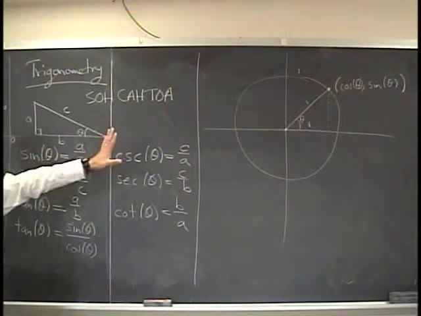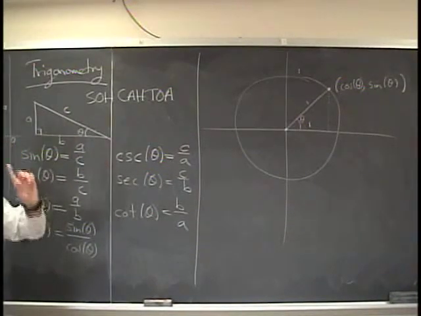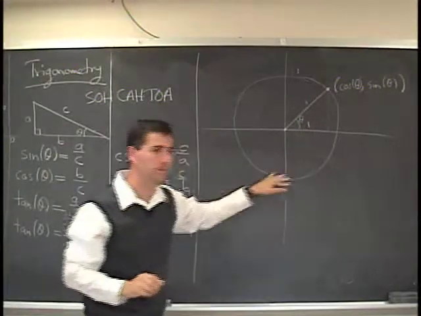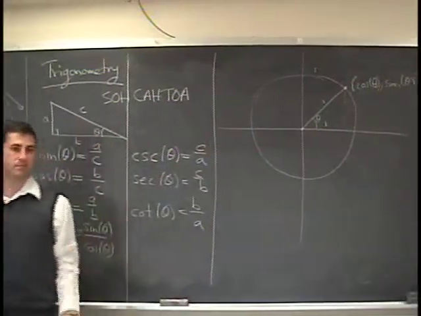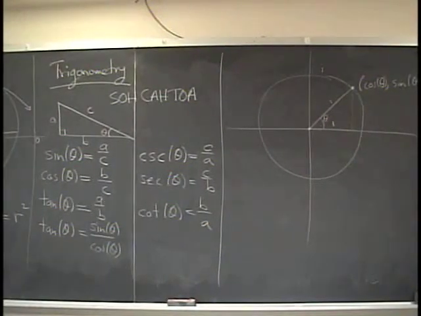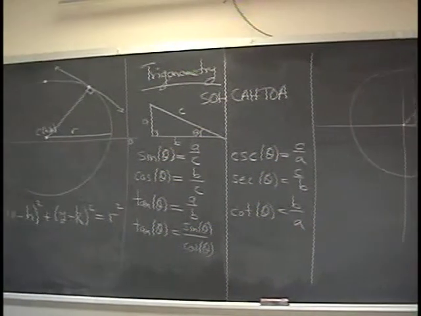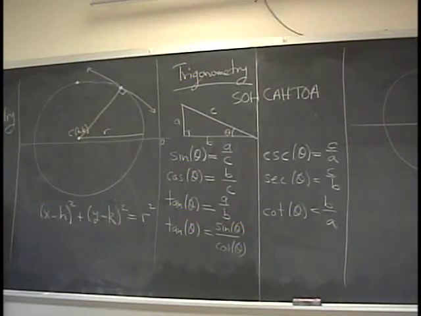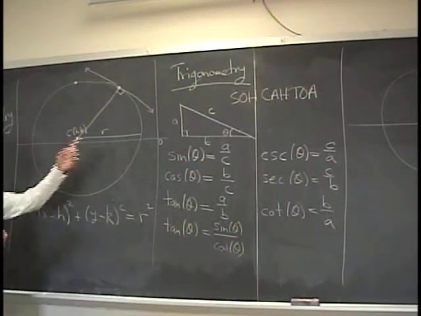Now, why is this a useful interpretation? Well, first, what's the equation of this circle? There's the equation of a general circle. Thank you, Jesse. All right, what's the center of this circle?